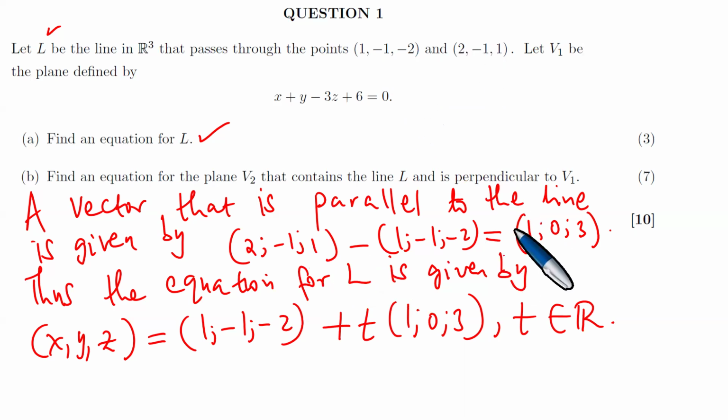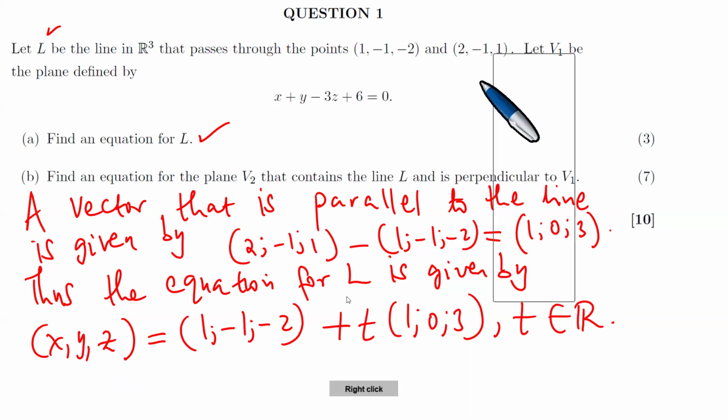So the order of subtraction of the two vectors does not matter, because both vectors are on the line L. Also, the equation of the line is defined as the arbitrary vector (x, y, z) equals a point through which the line passes, so it can be (1, -1, -2), or here we can put (2, -1, 1).